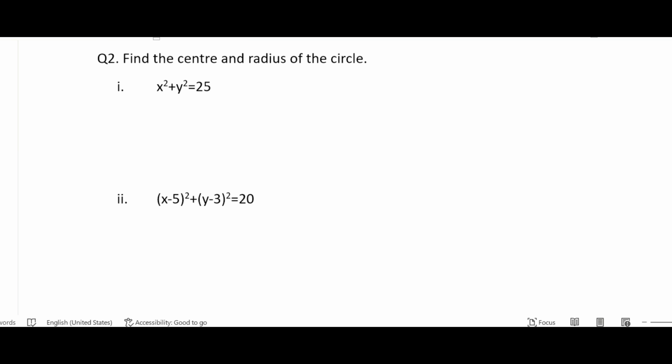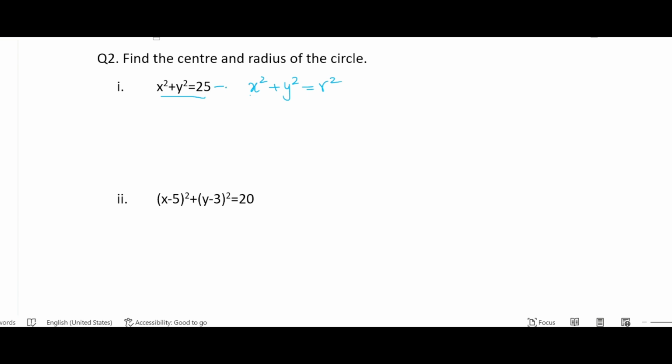Now, find the center and radius of the circle. This is the equation of your circle, and you're supposed to find the center and radius. If you remember, we had studied the standard form of writing the equation of a circle, wherein the center is 0, 0, and the equation is x square plus y square is equal to r square.